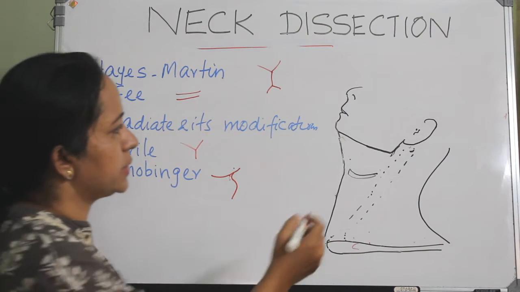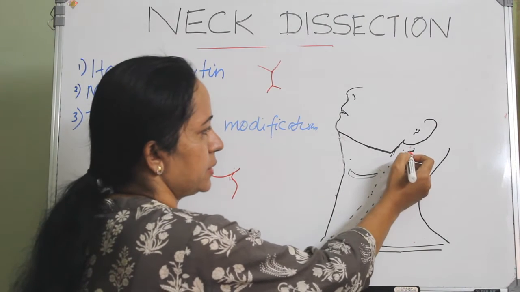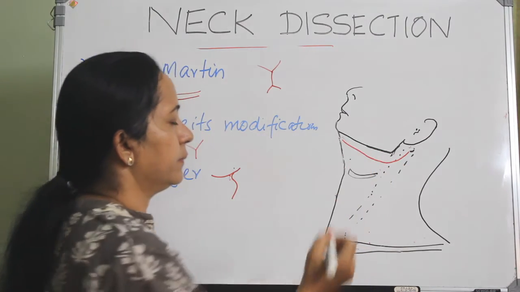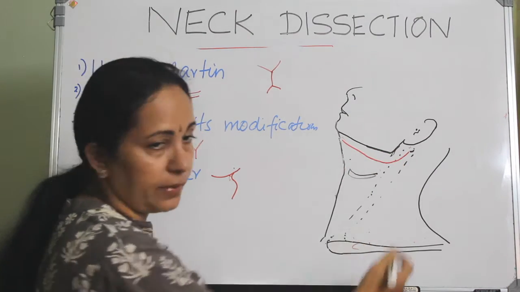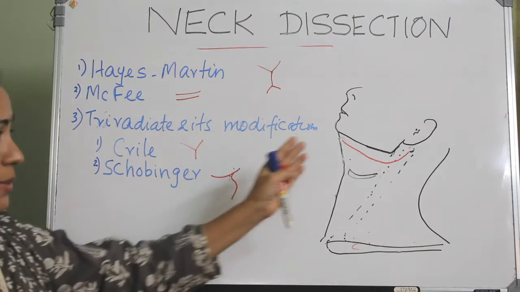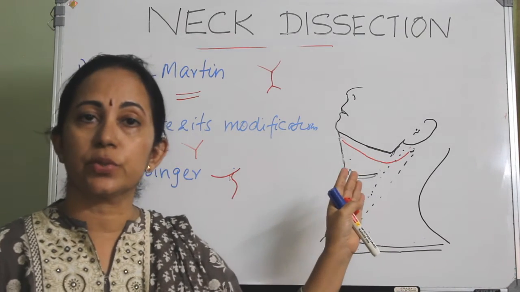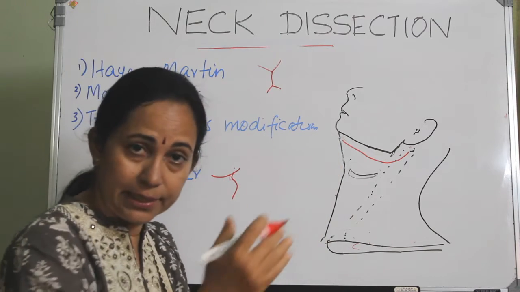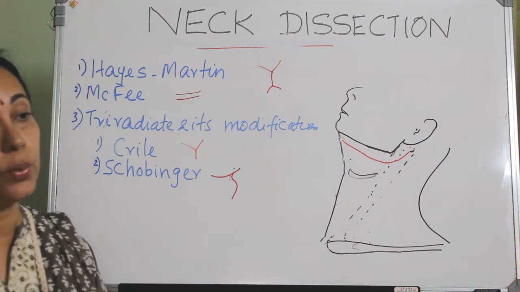Okay, so how is it done? From the mastoid process, it goes to the submental area, and the vertical limb is more posterior. For Crile, it was anterior, so there is more chance of carotid blowout. Here, this vertical limb is lazy S-shaped and also it is more posterior.